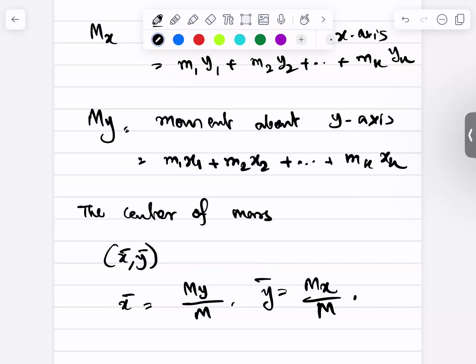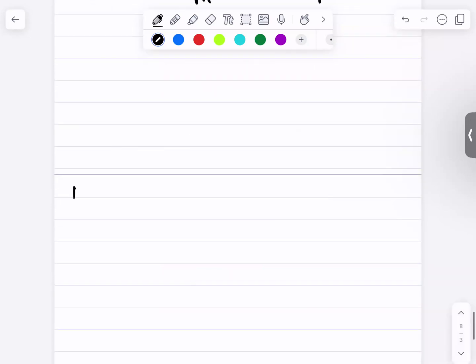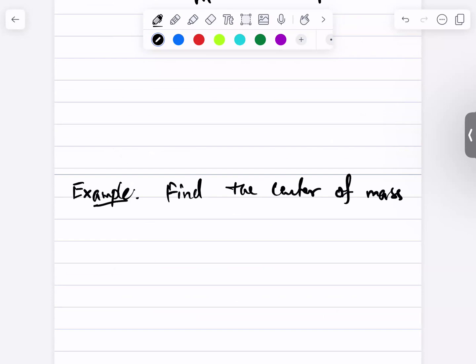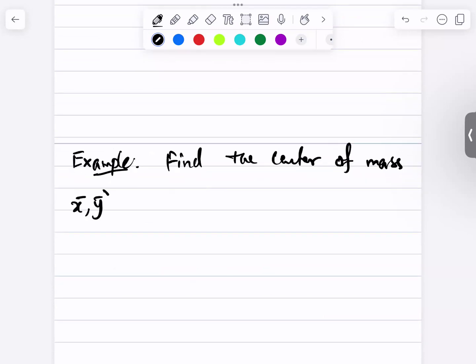Let's see one example. Say my example is like this. Find the center of mass x bar, y bar for the point masses shown.